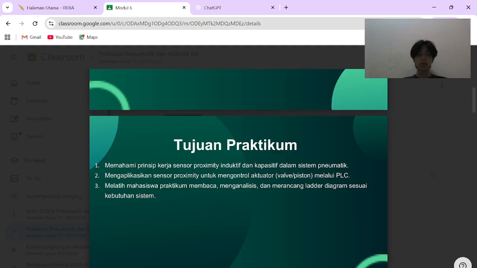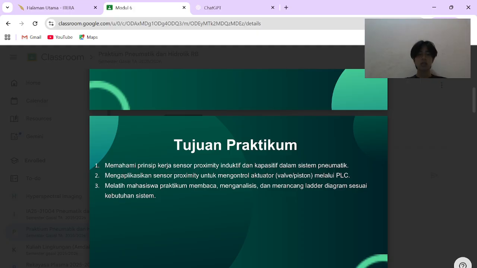Practical objectives. One, to understand the working principle of inductive and capacitive proximity sensors in pneumatic systems. Two, to apply proximity sensors to control actuators such as a valve or piston through a PLC.